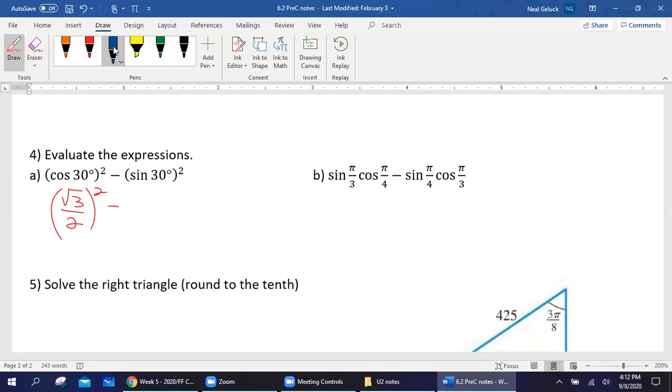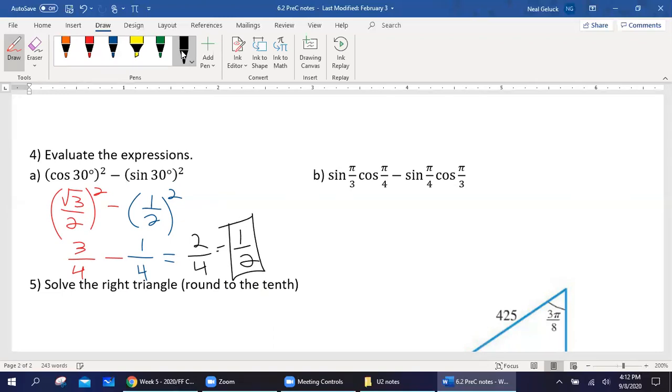According to our table, the sine of 30 degrees is 1/2, and that's being squared. So if I square both of these, root 3 squared is 3, 2 squared is 4, 1 squared is 1, 2 squared is 4. I end up with 2/4, which is 1/2. So that weird looking expression is actually just a half.